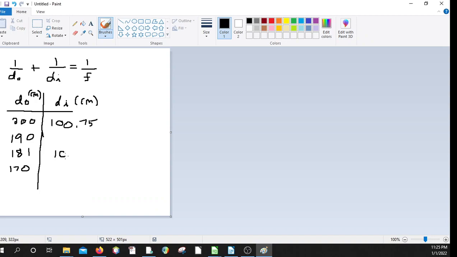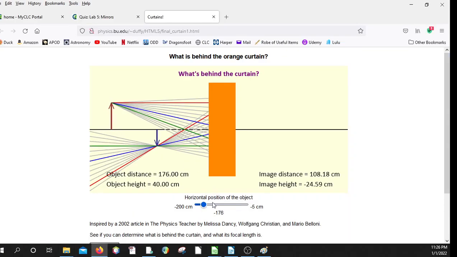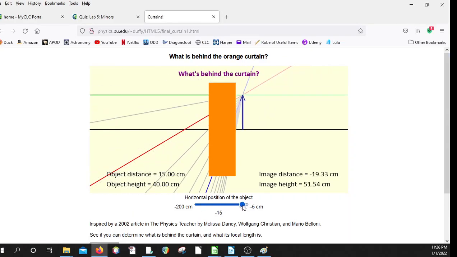Again, they give us a lot of significant figures here, so you can imagine that this lab is going to work out fairly well, probably better than a real experiment would. And you go all the way down to 10 centimeters. I'm actually going to do that point. Let's zoom in on 10 centimeters.